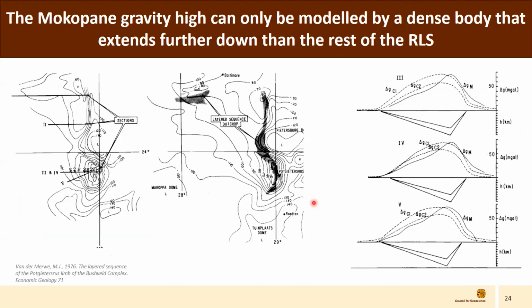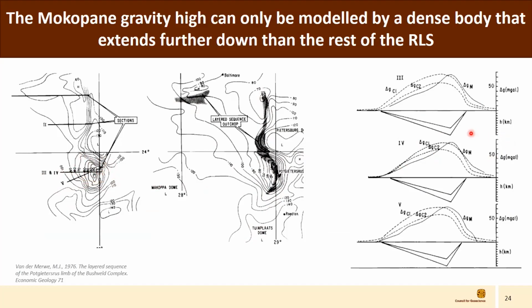Then if we go to the feeders for the Rustenburg Layered Suite, in 1976, Maurits van der Merwe, who I believe is a dentist actually, but he was also a geologist, I think, modeled gravity data over the northern lobe. So that's the northern lobe, visible in NORA. You see the gravity data, and here I just show the data across this big anomaly.